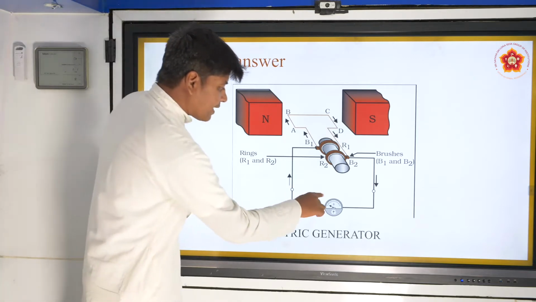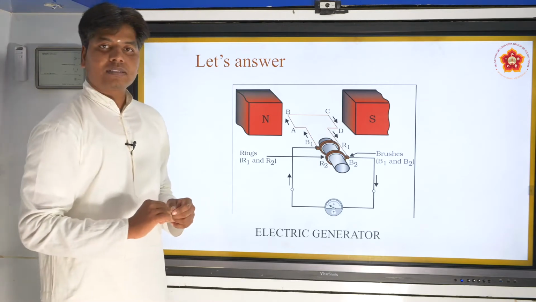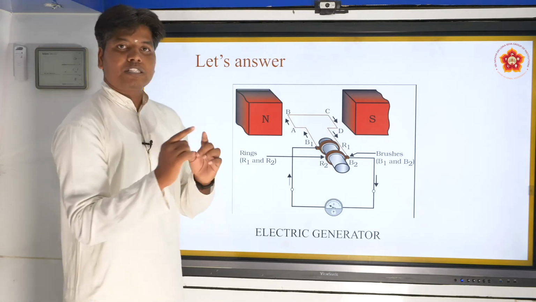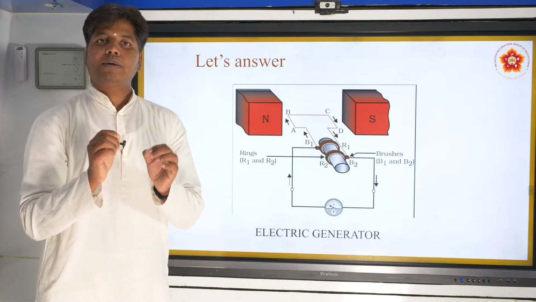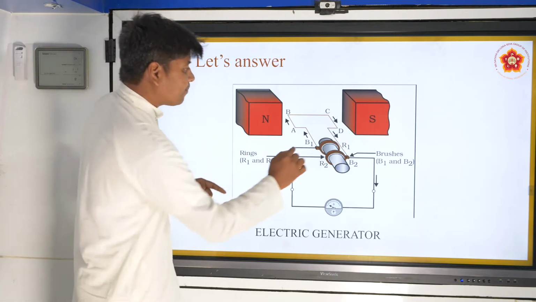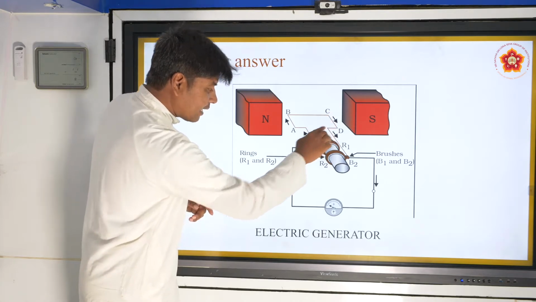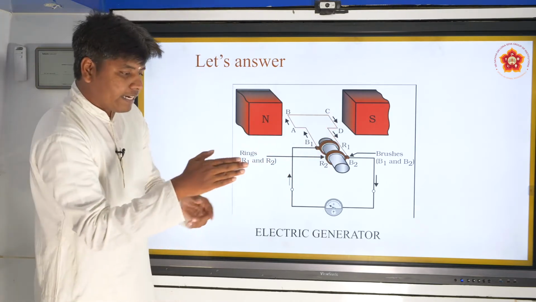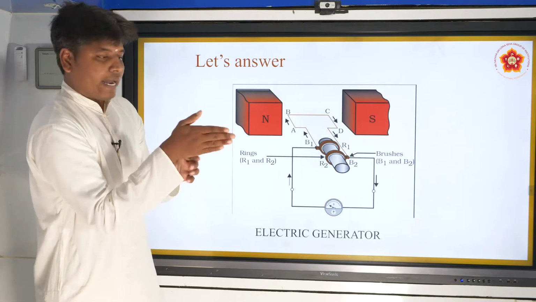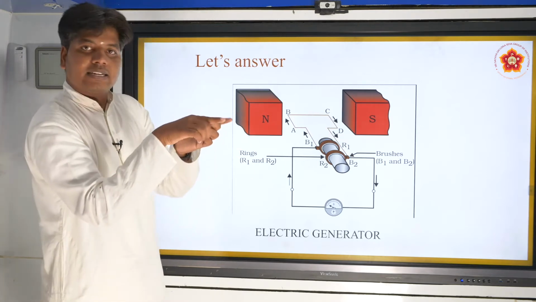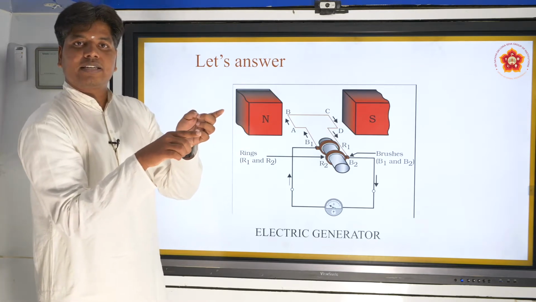So if you attach a galvanometer to it, what happens? It will deflect in the other direction, because now the loop is becoming different. The current direction is becoming different. It is traveling from D to C to B to A, because the conductor CD is coming up, and the AB segment is going down. As it changes direction, the induced current changes.